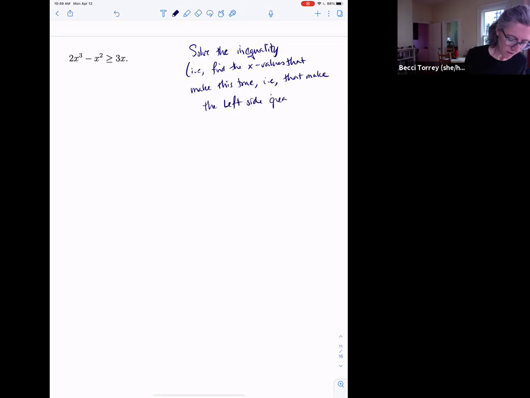It's technically greater than or equal to the right side. So that's what we're trying to do.